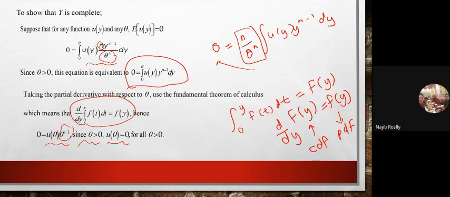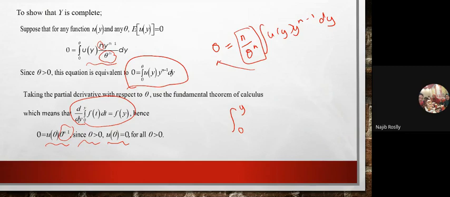So now you differentiate with respect to theta, d over d theta of the integral from 0 to theta of u(y) y^(n-1) dy.